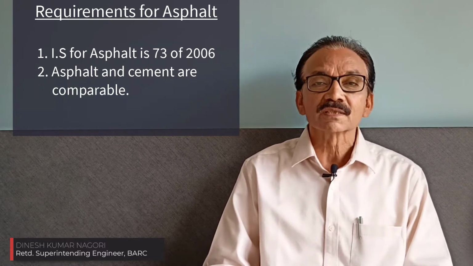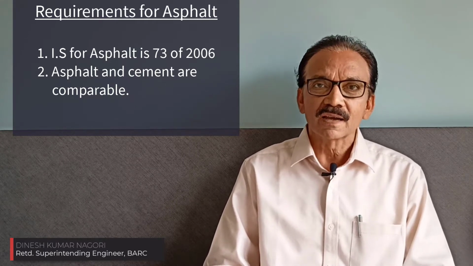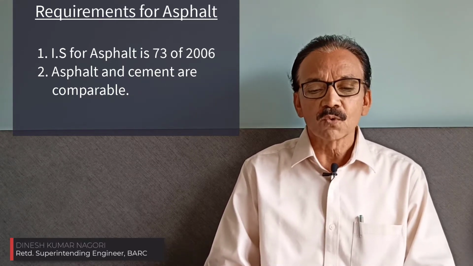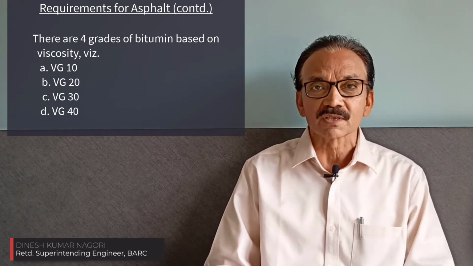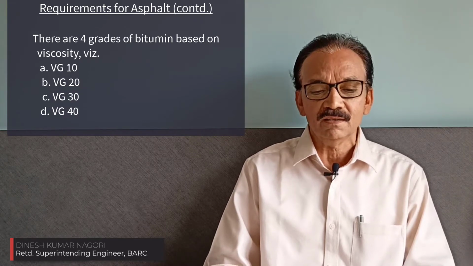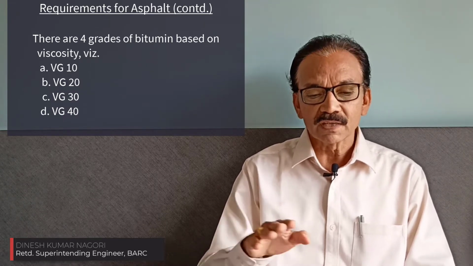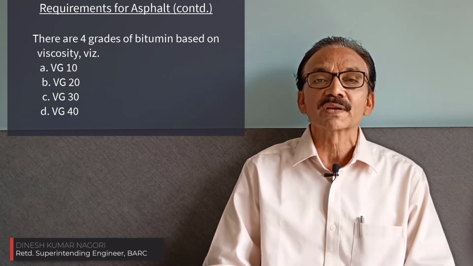The IS for this asphalting, as I remember, is 73/2006, and as per IS there are 4 grades of bitumen available depending on the viscosity. They call them VG10, VG20, VG30 and VG40. VG10 indicates that penetration of that bitumen is about 80 to 100.